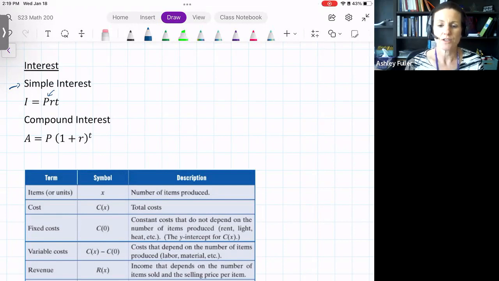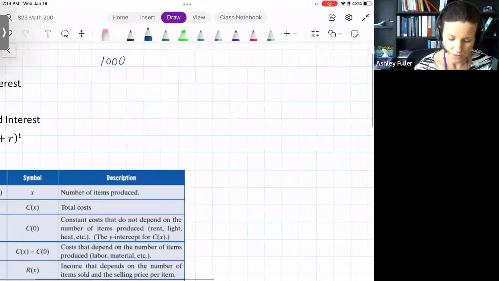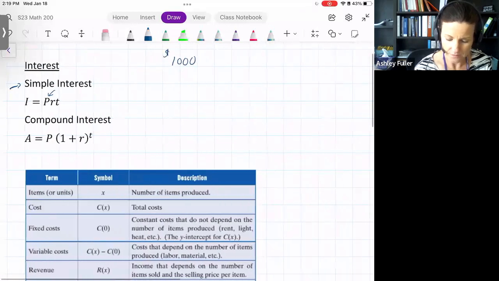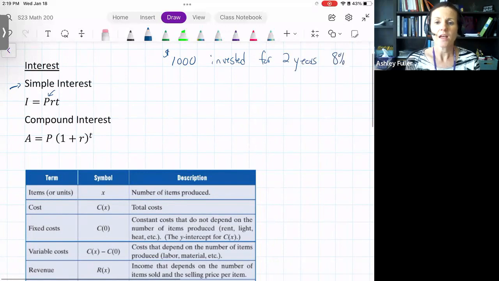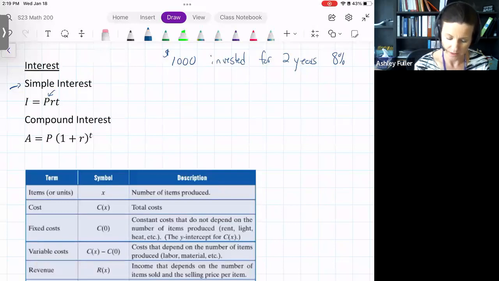Let's consider two scenarios. Imagine that you have $1,000 invested for 2 years at a rate of 8%. If we calculate this by simple interest, that means that we only get 8% interest on the principal itself.